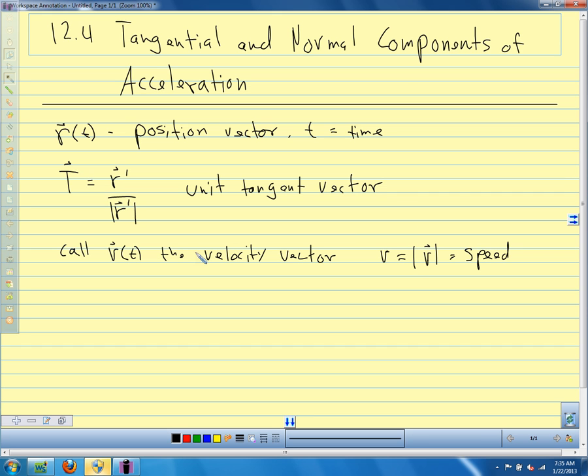So using this notation, we can say that our unit tangent vector is v over the length of v. So we're just changing our notation a little bit here.